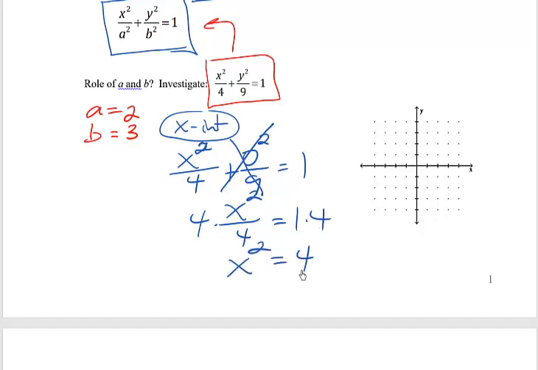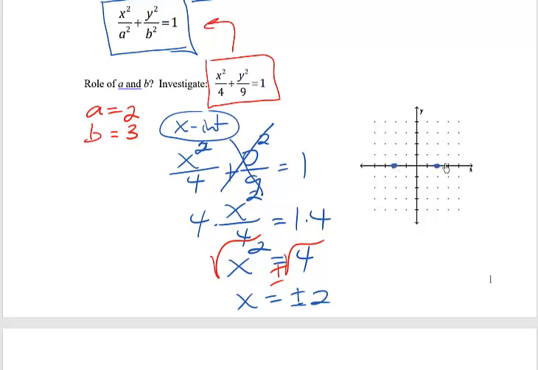This is a quadratic equation. There's only one x showing, so I'm thinking the square root method looks pretty good. Square root, don't forget the plus or minus, and I end up here with x equals plus or minus 2. We have just discovered that this particular ellipse crosses the x-axis at positive 2 as well as at negative 2, and so I can mark those points down.